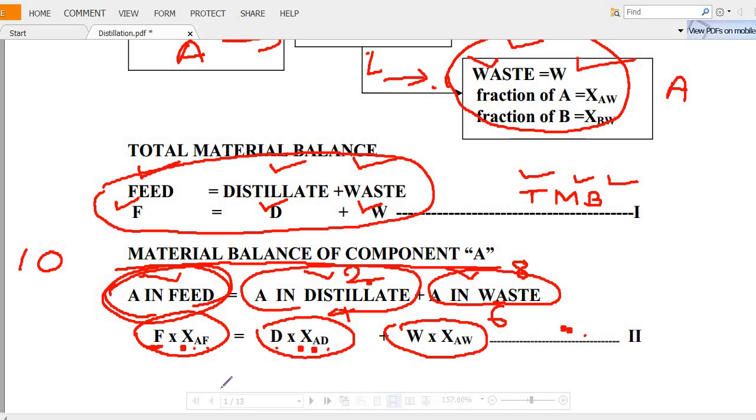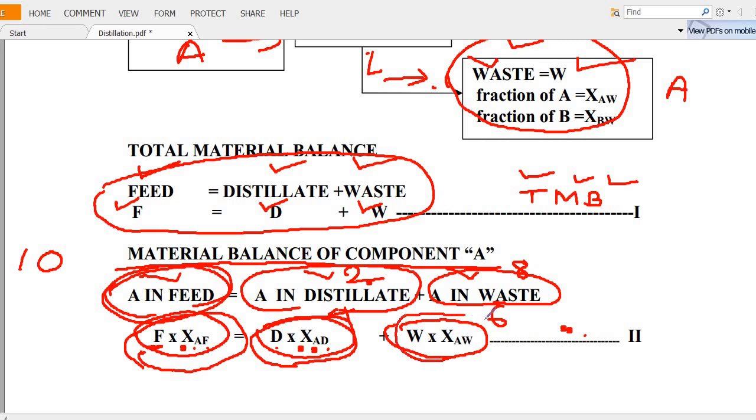And this amount of A in feed is given by F into XAF. A in distillate is given by D into XAD. And A in waste is given by W into XAW, where X is nothing but fraction.